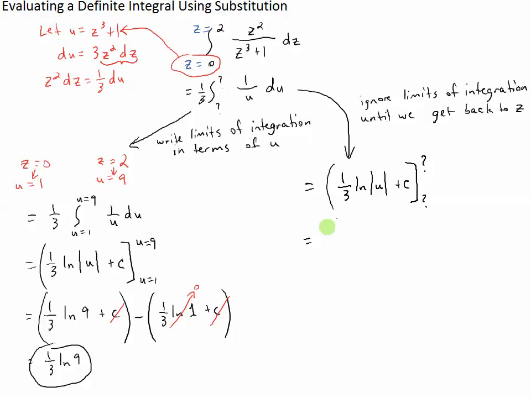However, now we can plug in z cubed plus 1 for u, and we rewrite this as 1/3 natural log of absolute value of z cubed plus 1 plus c. Now we could say that's evaluated from z equals 0 to z equals 4, because the variable is z, and we know that z varies from 0, sorry, not to 4, but 2.